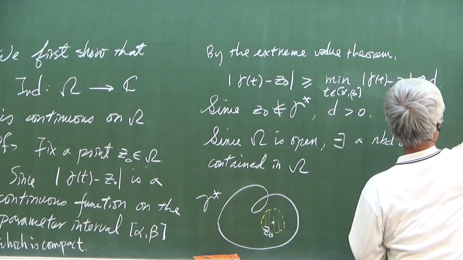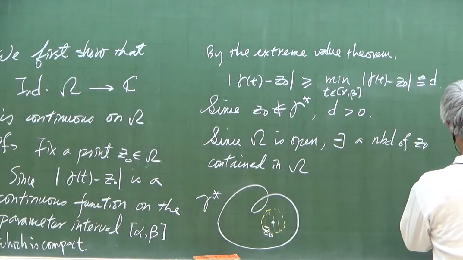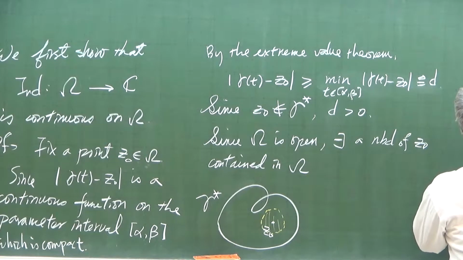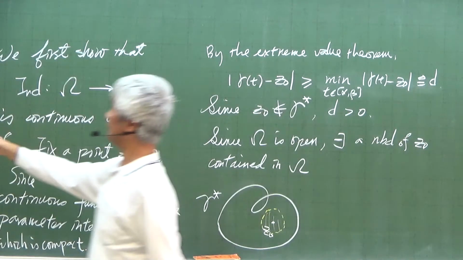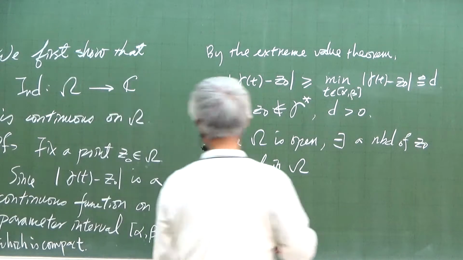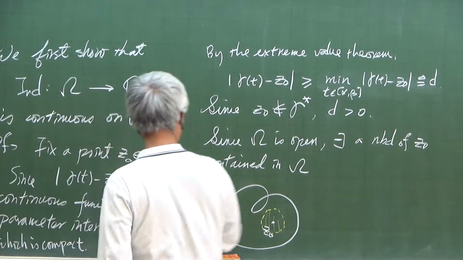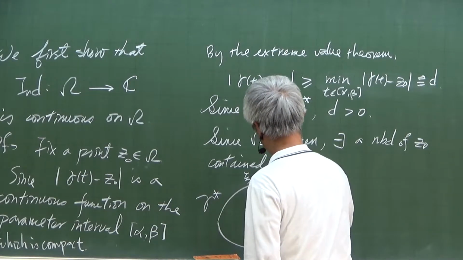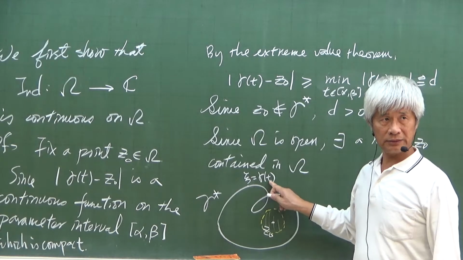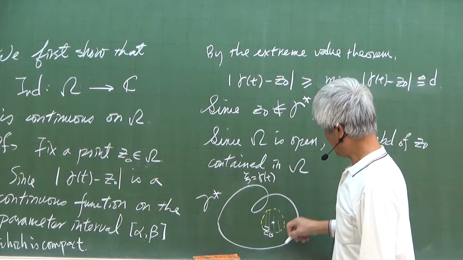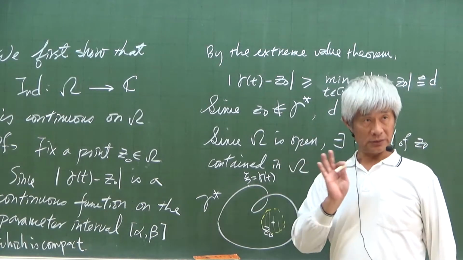Now the things we use: gamma(t) minus Z0. Remember, psi will run through points on the curve. When you do the line integral, for every t in the parameter interval there is a point psi equal to gamma(t), moving through depending on the orientation.